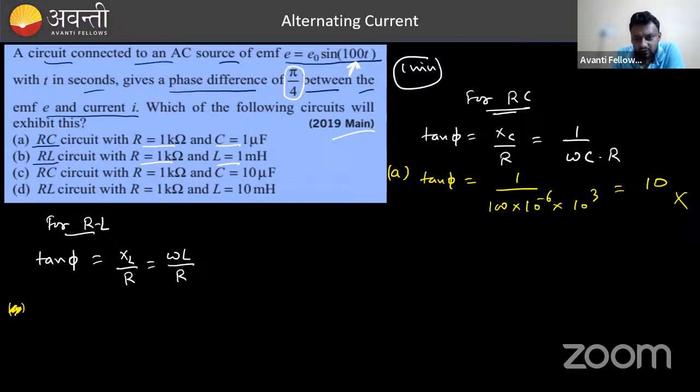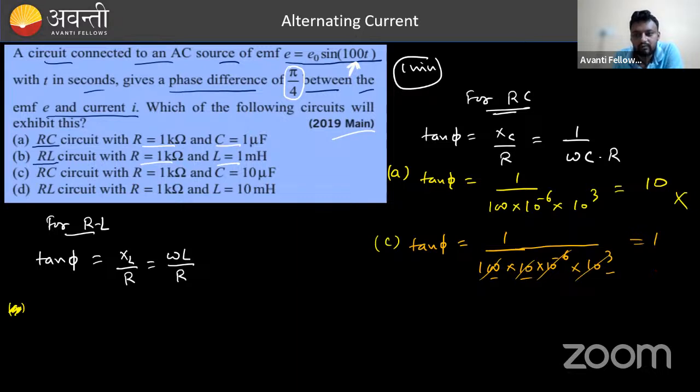That is in option C. For option C, tan phi is equal to 1 over omega C R. Omega is 100, C is 10 microfarad, that is 10 into 10 raised to the power minus 6, and R is 1 kilo ohm, that is 10 to the power 3. 6 positive, 6 negative, it is cancelled.